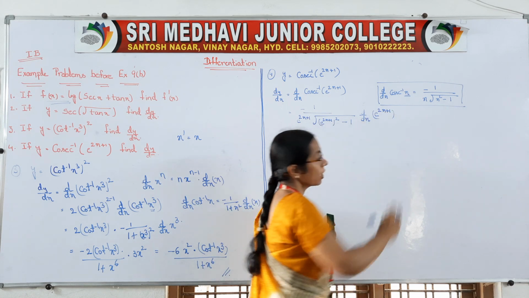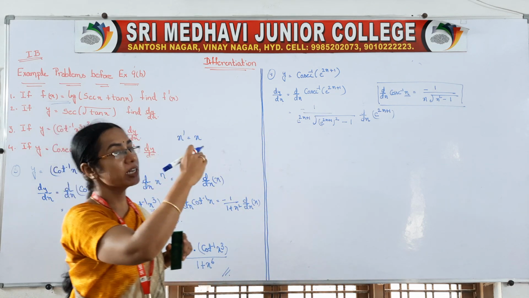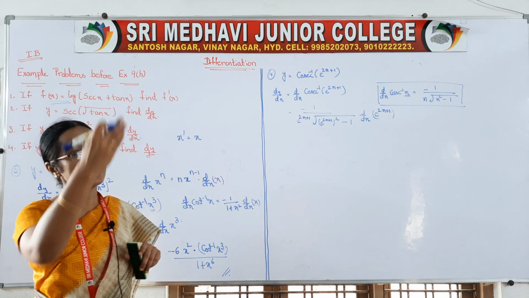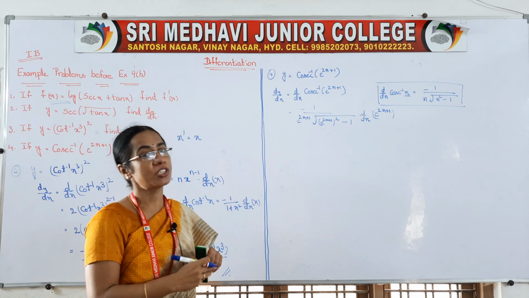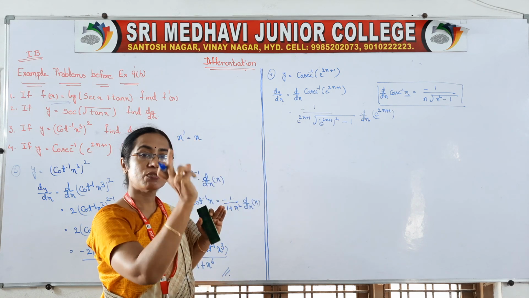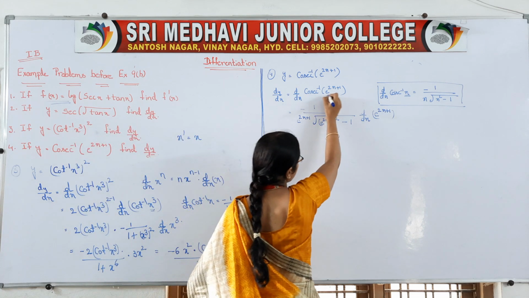For all the formulas, I have given the formula but not written d by dx of x, because d by dx of x is 1. That's why in the list of formulae it is not mentioned. But in all the formulas that form into d by dx of that variable will be there. So here your variable is this one.